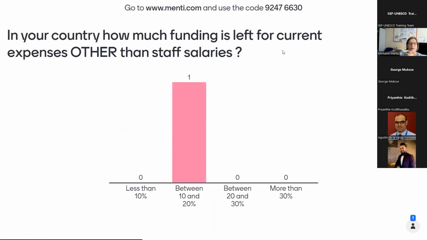In your country, how much funding is left for current expenses other than staff salaries? We have one person who has replied. I'll give you a couple of seconds to reply. Two people have replied. If you have any trouble logging into menti.com, please let me know on the chat.